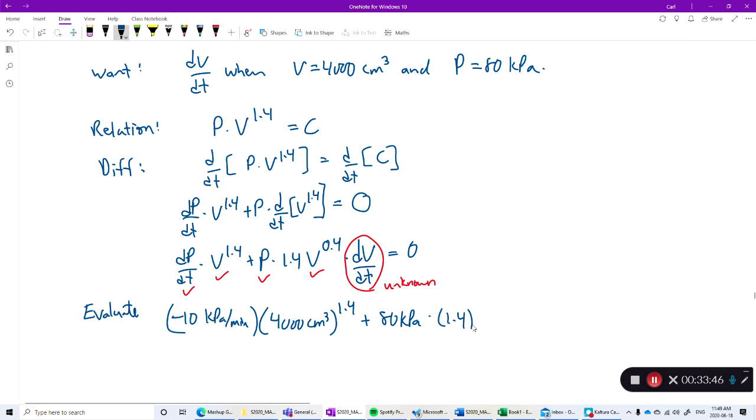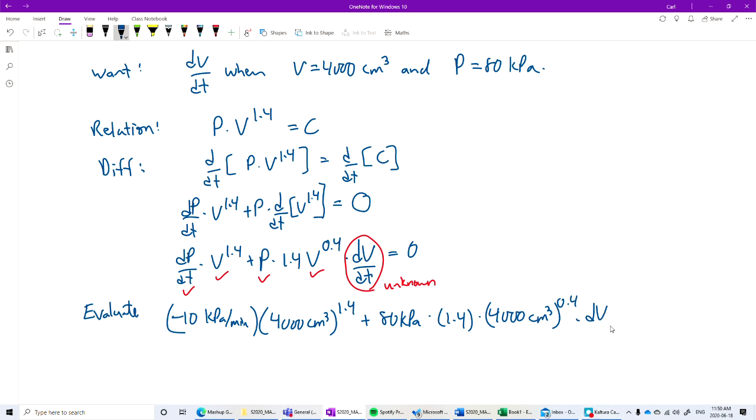Put that in brackets so I don't get confused. Times 4,000 to the, now I regret not solving for dV/dt, but it's okay, it'll work out. Times dV/dt. The reason I regret it is because these units are going to get weird for a second here, but that's okay.